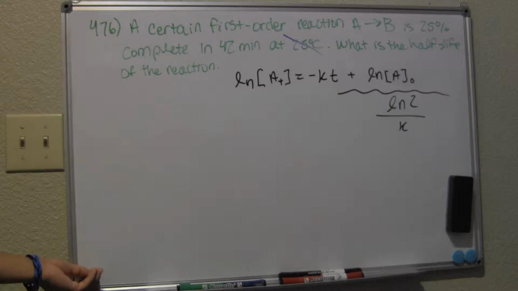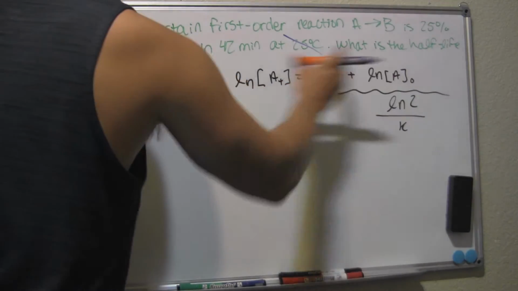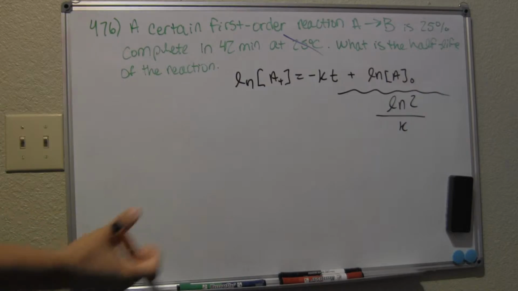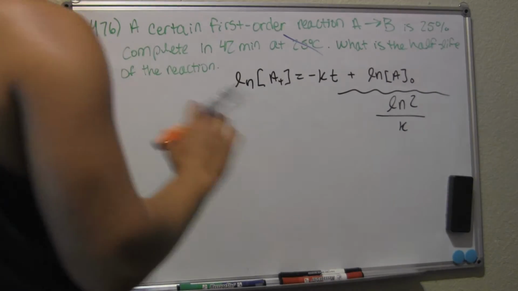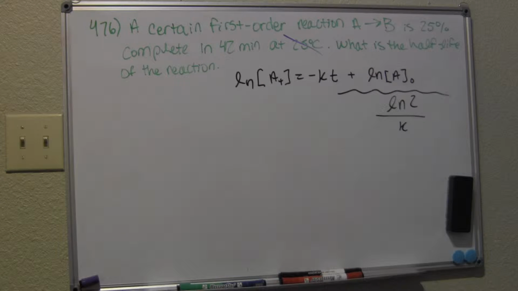Just so I don't confuse anybody, before I begin, this is the calculation for the concentration of a certain reaction, and this is the half-life of the reaction. Keep that in mind so you don't think both should be used at the same time.